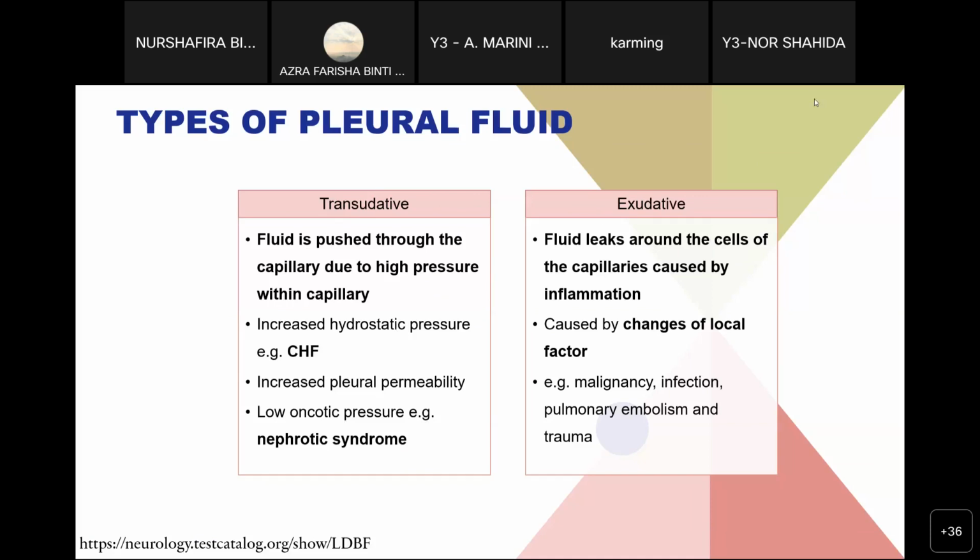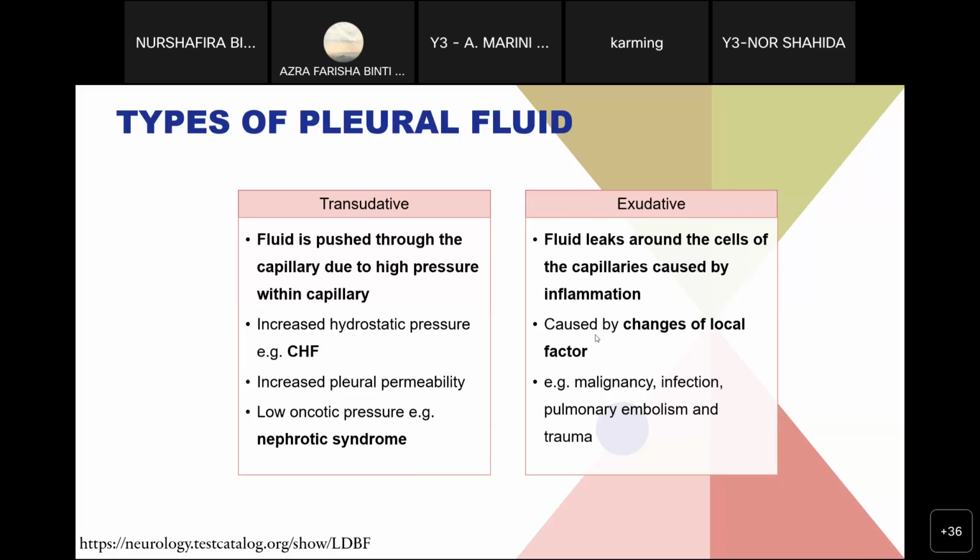Meanwhile, for exudate, fluid is formed from leakage around the cells of the capillary caused by inflammation. When we have inflammation, the cells become more separated and fluid can leak in between the cells.